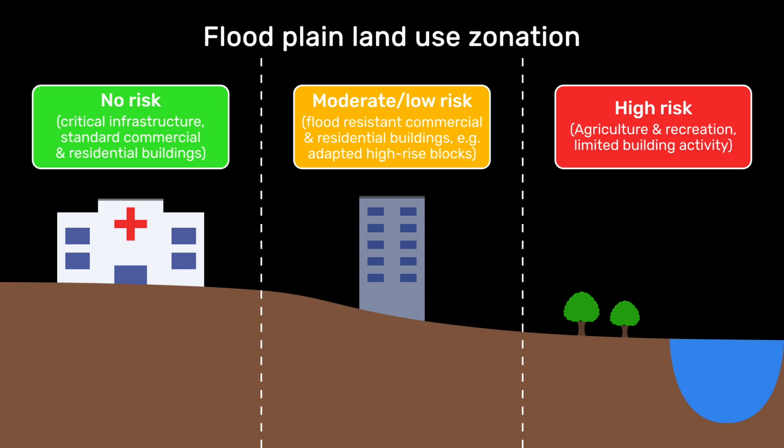Therefore, you only build in those areas if there's no other land available. Yellow areas, for example, may be assigned to moderate or low risk, where water-compatible buildings can be built. Green areas are places where it's very unlikely to be flooded and would be the preferred area to build.